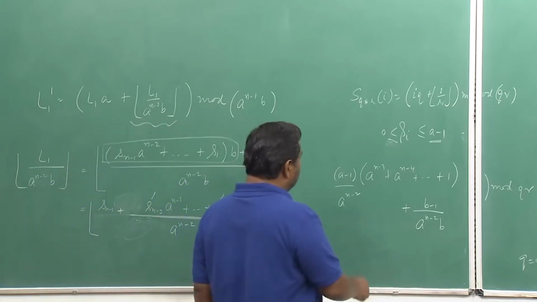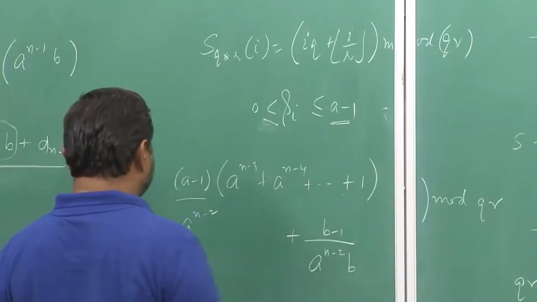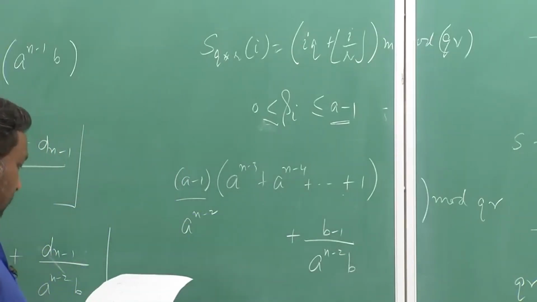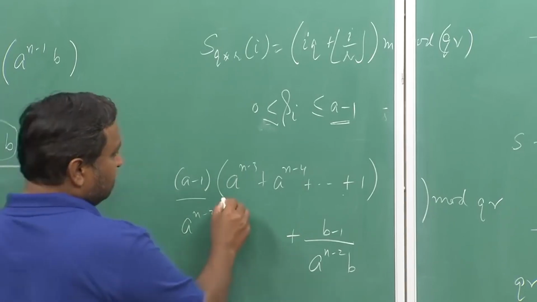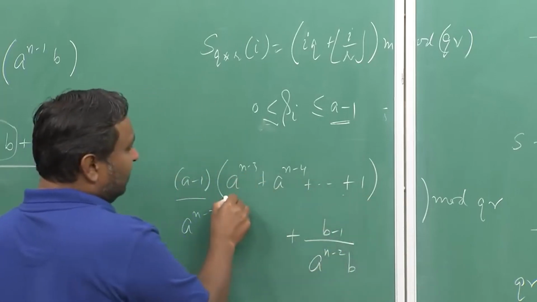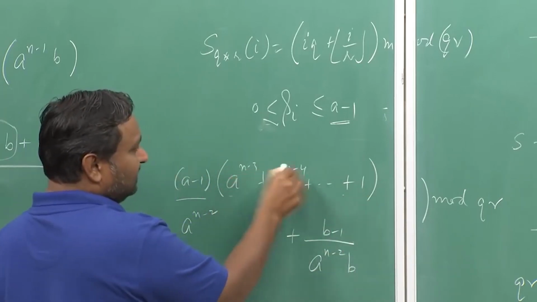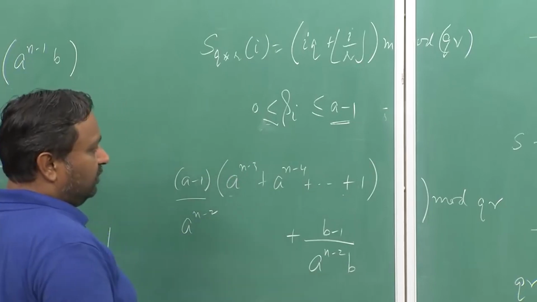Okay. So, now for this series what is the value we have to figure out? This series consists of how many terms? There are n minus 2 terms actually, from a raised power n minus 3 down to a raised power 0.